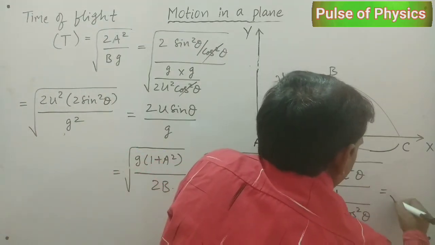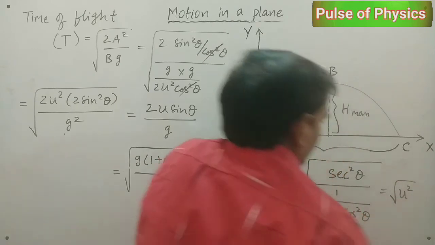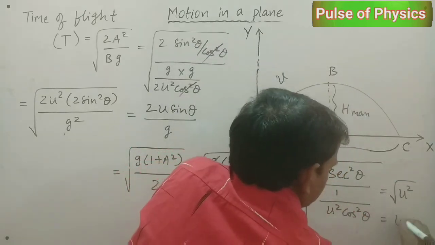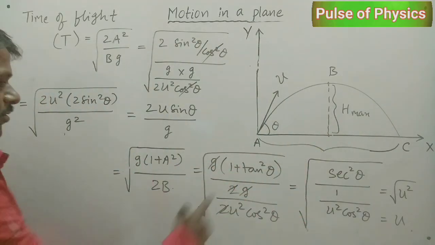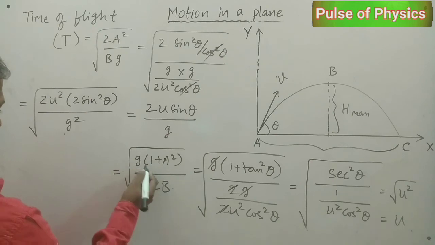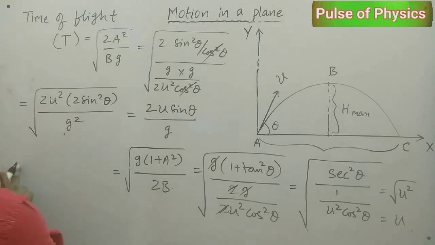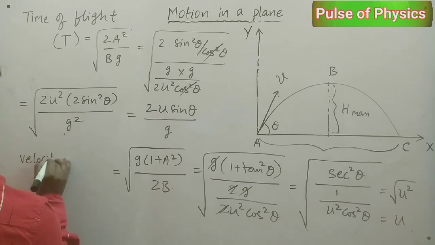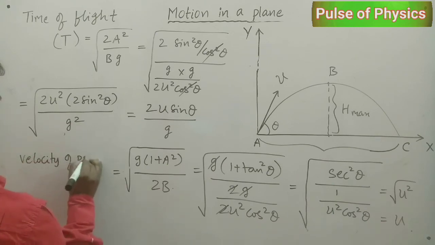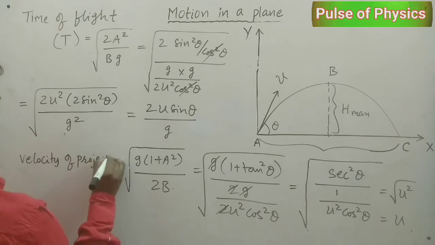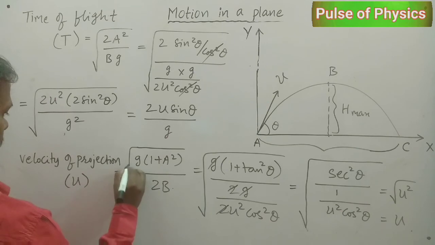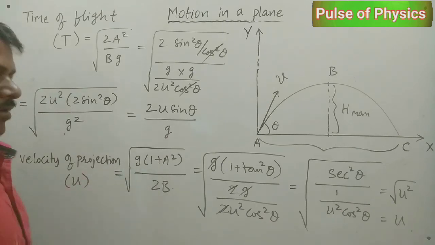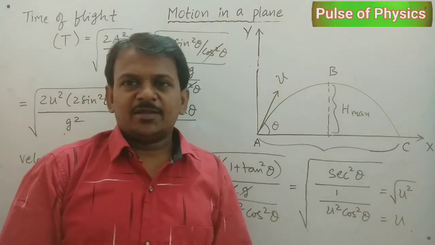Then it becomes u square. This gives root u square, which is nothing but u. Now this is giving velocity of projection. Velocity of projection is u. Have you got it? Thank you.